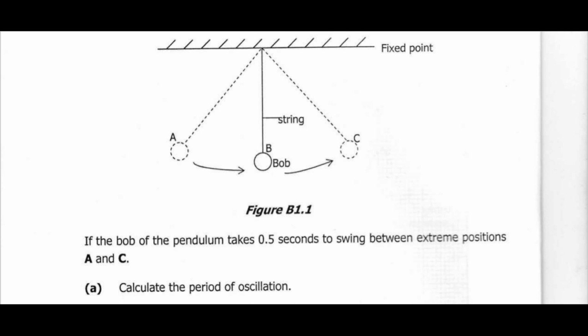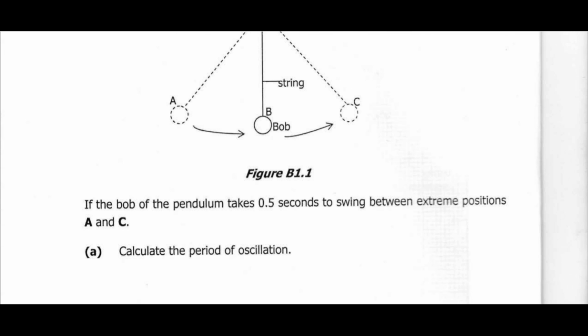Now, the formula here is, we know that the period is denoted by capital letter T. Then the formula is small letter t over n. So time taken divided by number of oscillations. Time taken, we know that t is 0.5. So now we need to find the number of oscillations.